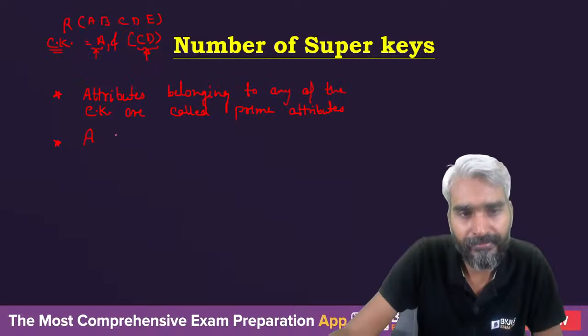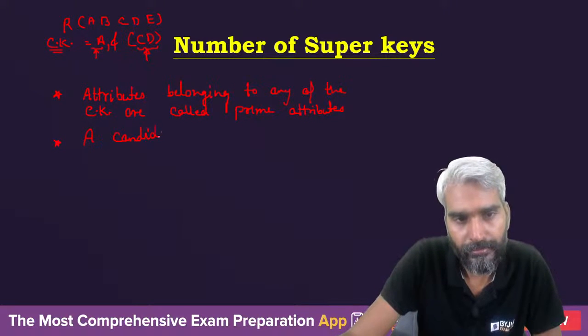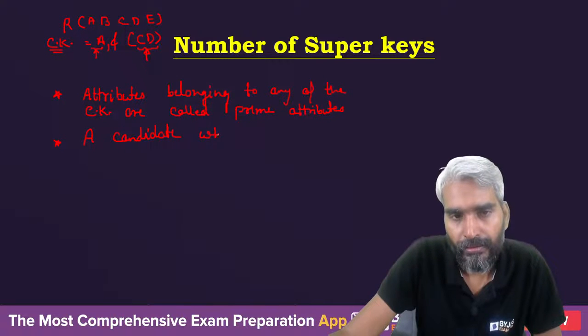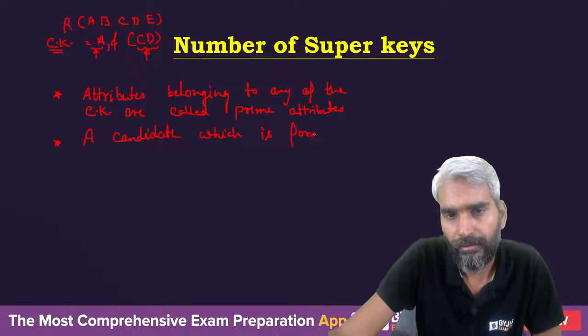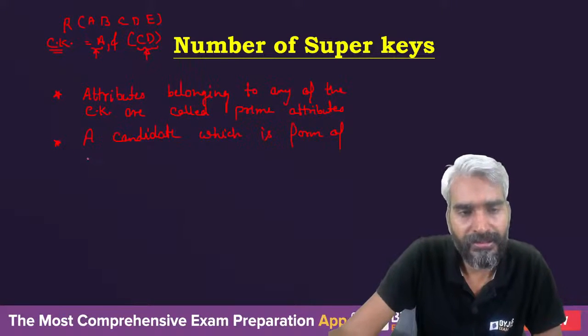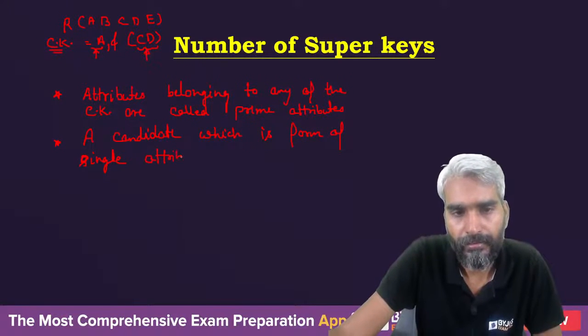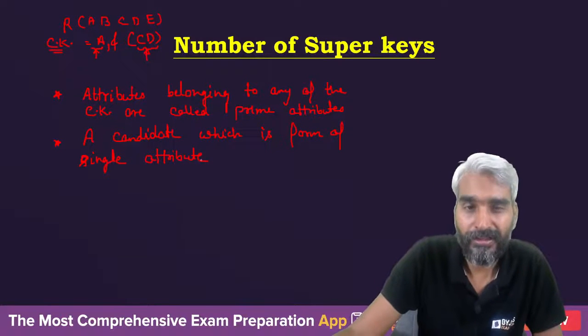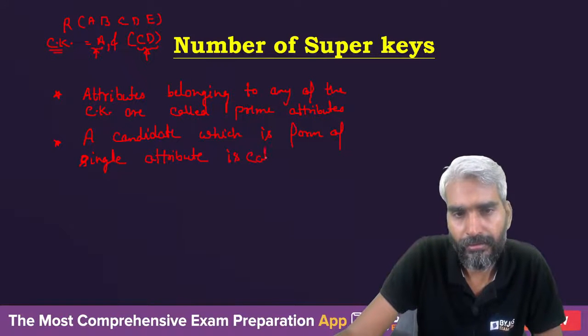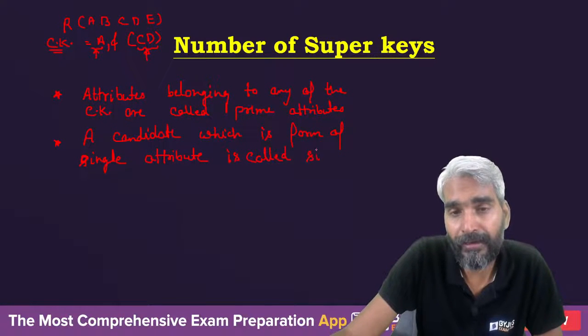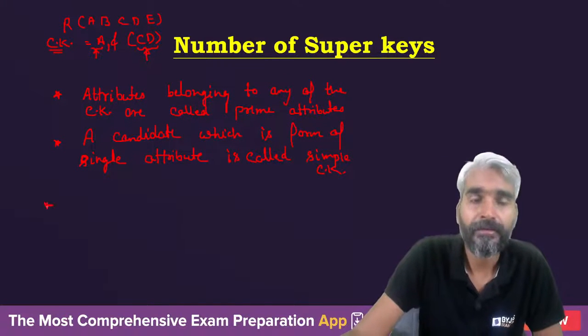So a candidate key which is formed of a single attribute is called a simple candidate key. What do you call it? Simple candidate key.